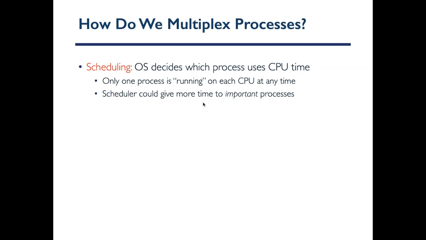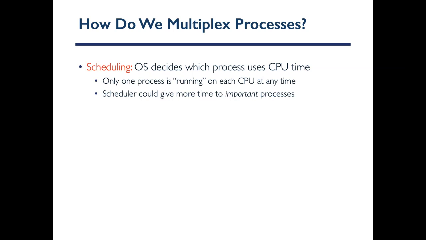Okay, so I got a question. Can you have two processes running simultaneously, each one on its own core? Go there, publish this first, and then answer it. So yes, of course you can.